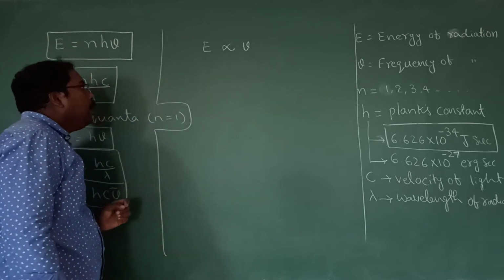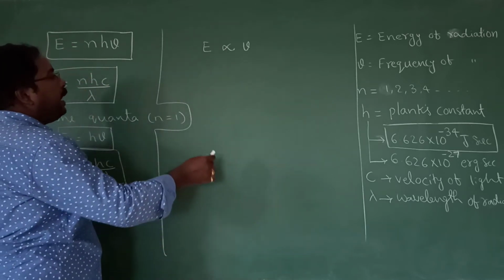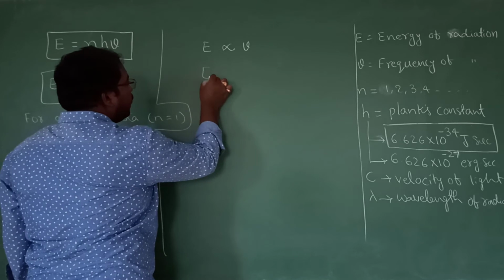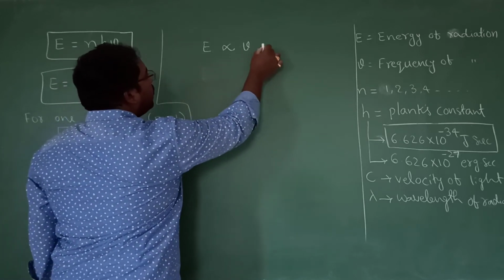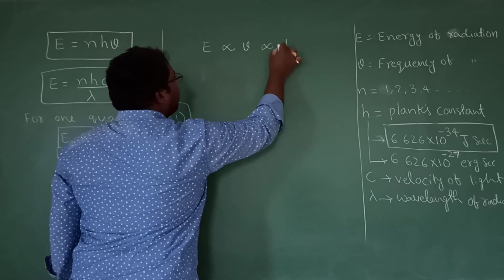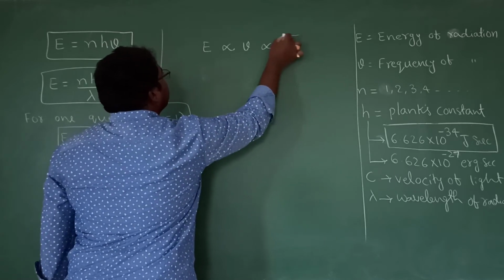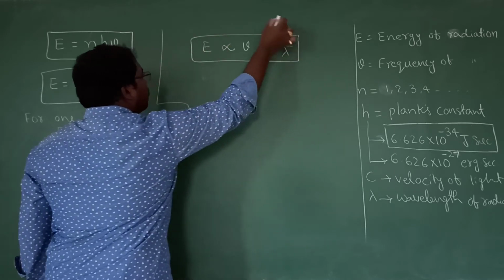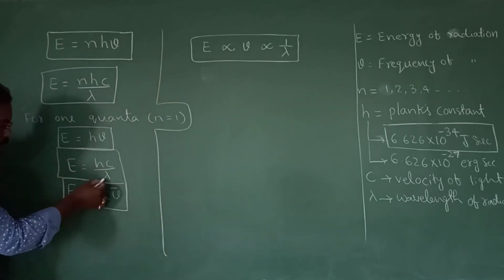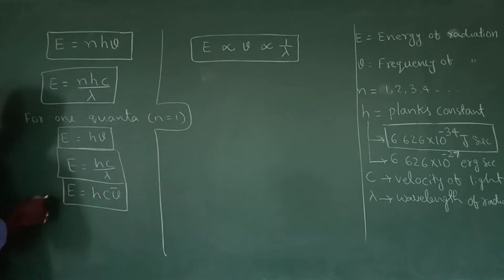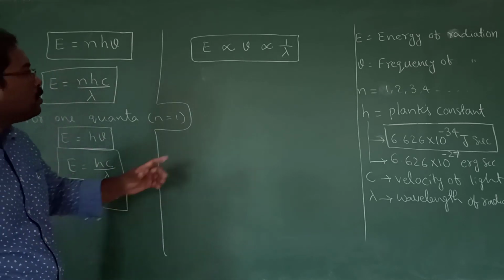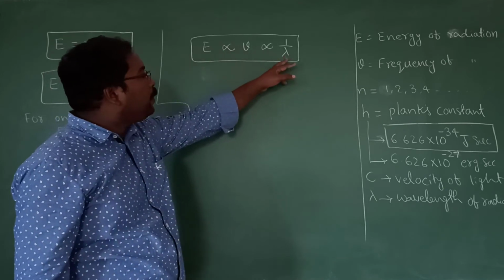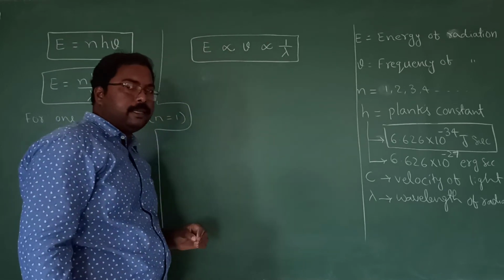Now, when energy is directly proportional to frequency, what about wavelength? Because the frequency is inversely proportional to wavelength. Wavelength is in the denominator, energy is in the numerator. So energy is inversely proportional to wavelength.